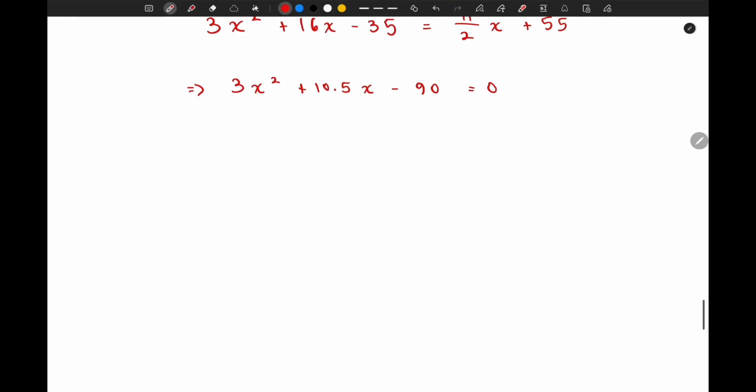Now we just need to solve this equation to find out the x coordinates of P and Q. So the x coordinates are 4 and minus 7.5.